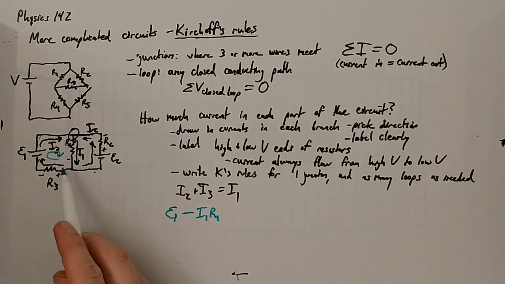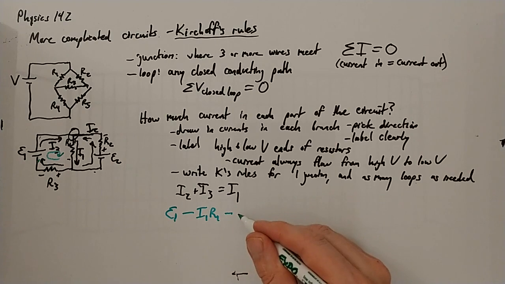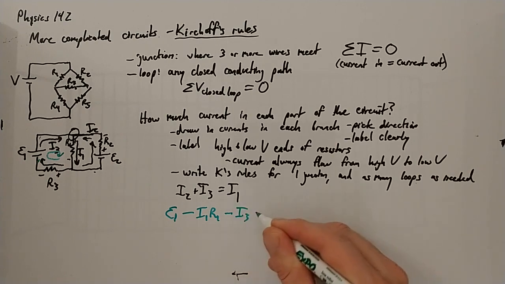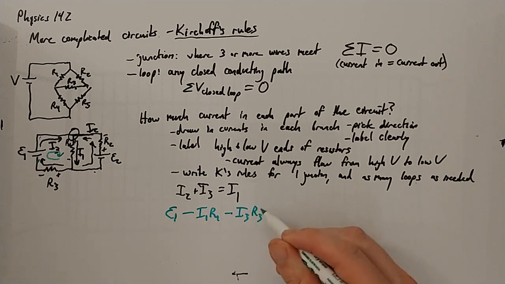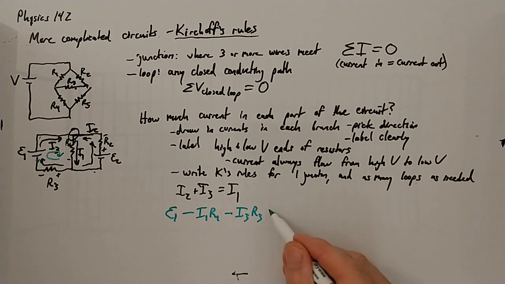And then here, again, I'm flowing downhill, so I lose potential. I'll also lose I3 times R3's worth of potential. And then I'm back to where I started. And so the loop rule says that this whole thing has to add up to 0.